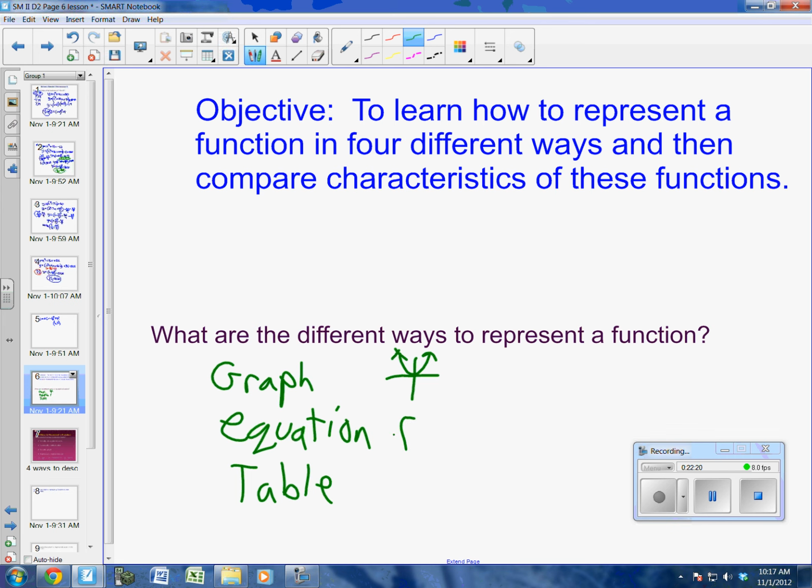Equation, which we call function notation sometimes too. We could represent it like that as an equation. We could write it as a table of values, an XY table. If we put in 0, we would get 0 for y. If we put in 1, we get 1. If we put in 2, we'd get 4. If we put in 3, we would get 9. Okay? That's a table. What's the last way we can represent a function?